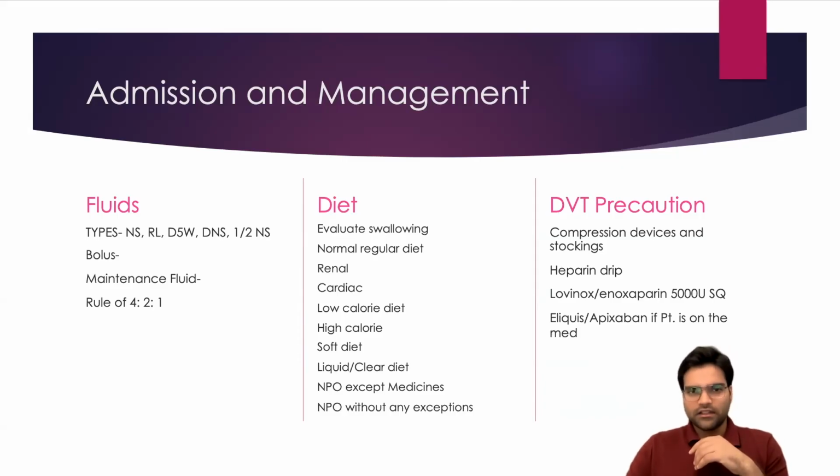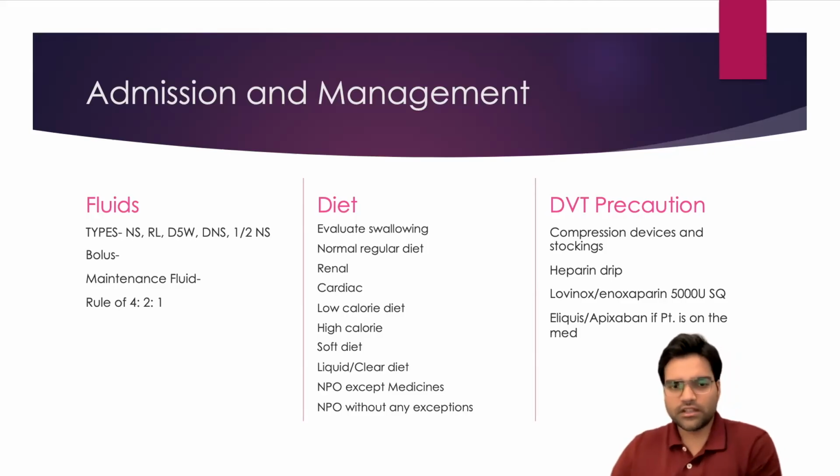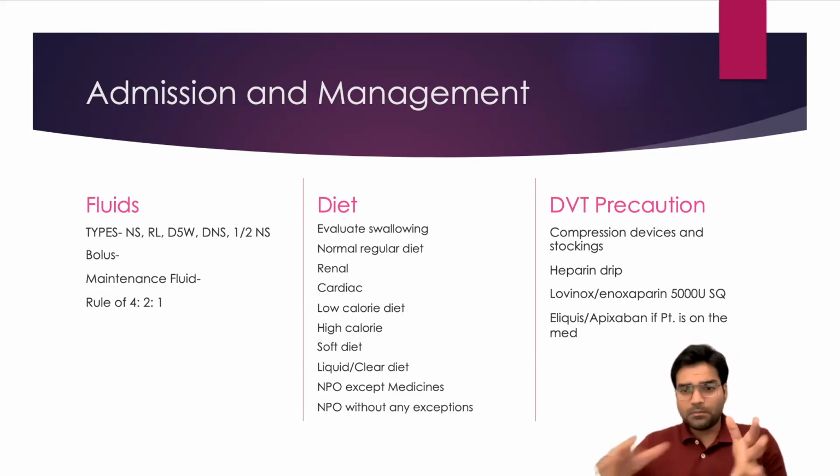Then comes the diet. So if you're admitting the patient, the diet is also an important part. Which diet do you want to give to the patient? Before giving the diet, you should do one thing. You should evaluate the patient for swallowing, like if the patient is able to swallow food or not. If they are not, then you can probably cause aspiration or more damage than benefit.